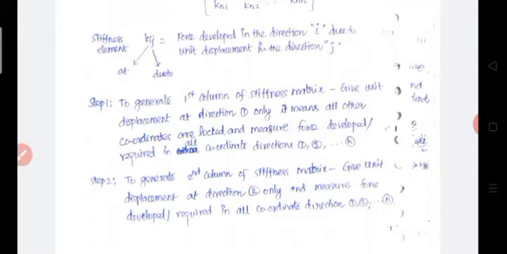Then for the first column, we provide a release in the form of unit displacement in coordinate direction 1 only, and measure the force developed in all coordinate directions 1, 2, up to n.